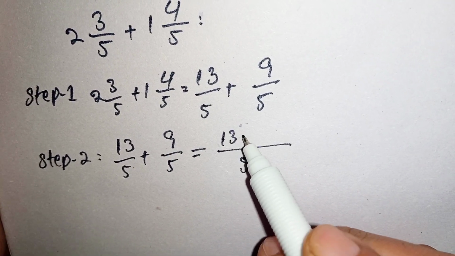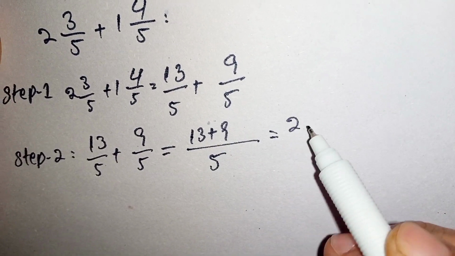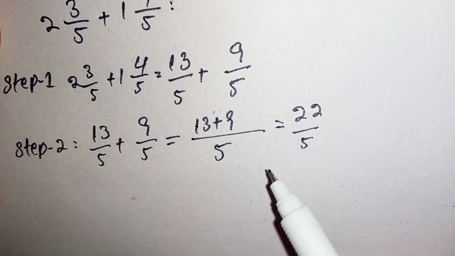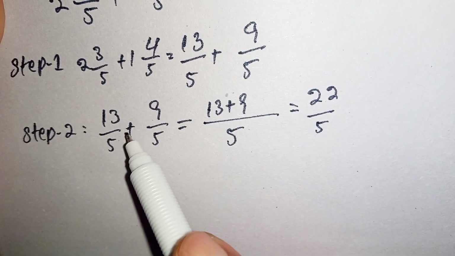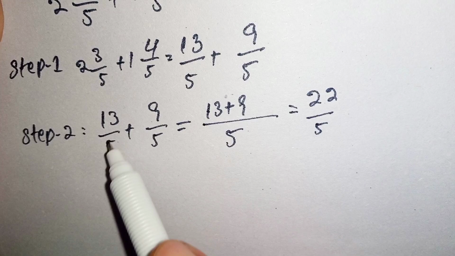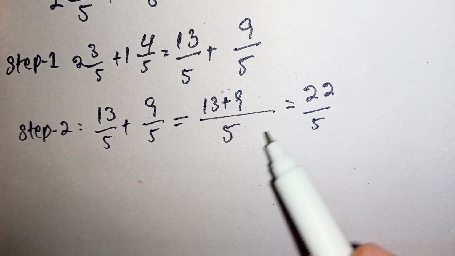So 13 plus 9 is equal to 22 over 5. So step 2 is also completed because we added the improper fractions 13 over 5 plus 9 over 5, which is equal to 22 over 5.